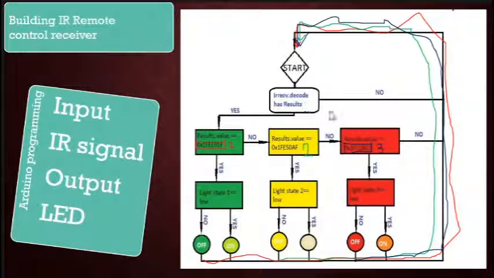And if we didn't see any of these, if the result that came was neither hexadecimal 1 nor 2 nor 3, then we return back to the start of the program.